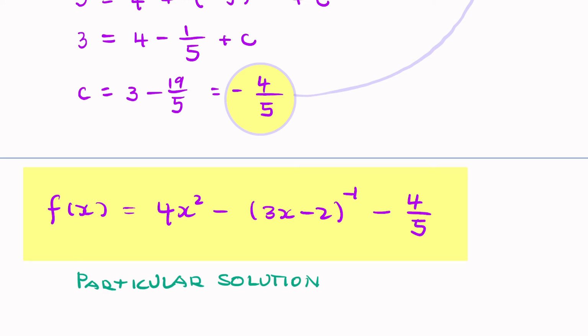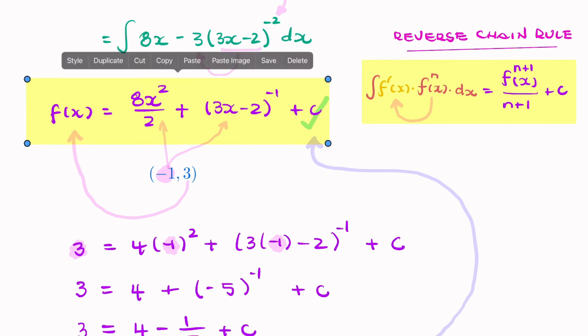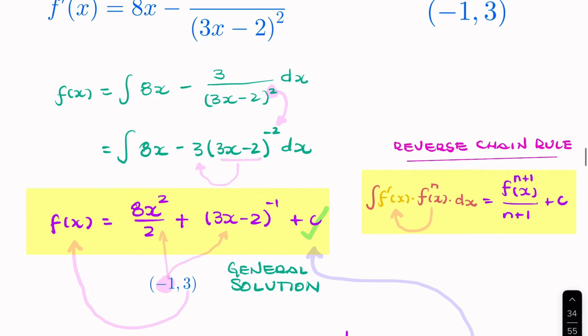Whereas what we had found earlier here is called the general solution, because we still don't know the value of c. So just as a recap, how did we answer this?